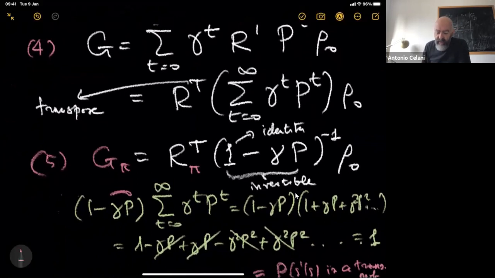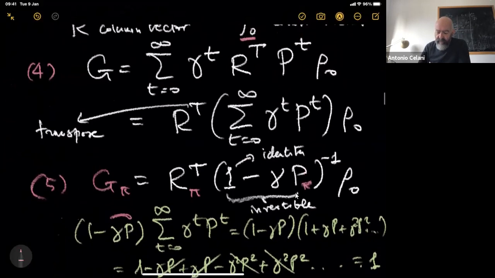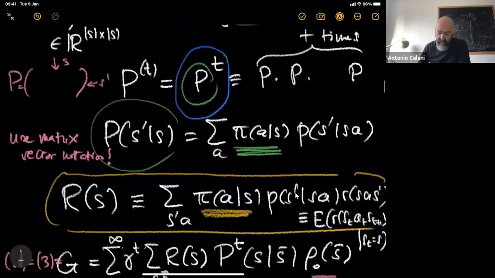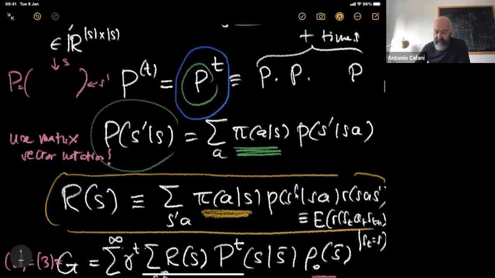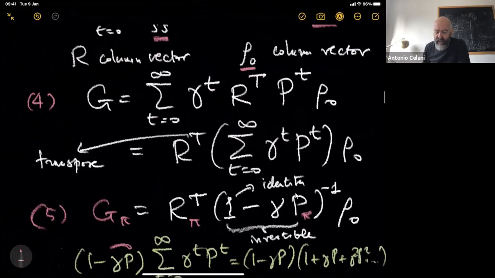Second, the pi is also inside my capital P. But my capital P is also linear in pi. So good news for the second time. What's the bad news? Well, bad but mitigated is that there is a nonlinearity because this is the inverse of a matrix.